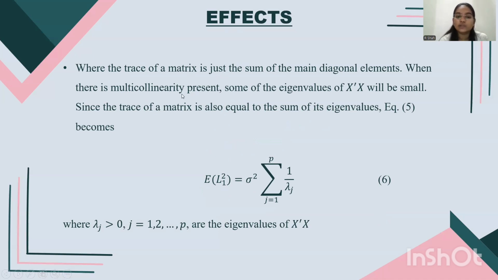When there is multicollinearity present, the eigenvalues of X dash X will be small. Since the trace of a matrix is also equal to the sum of its eigenvalues, equation 5 becomes expectation of L1 square equals sigma square times summation of 1 upon lambda j, where j is running from 1 to p. We give it equation number 6, where lambda j greater than 0, j equal to 1 up to p, are the eigenvalues of X dash X.